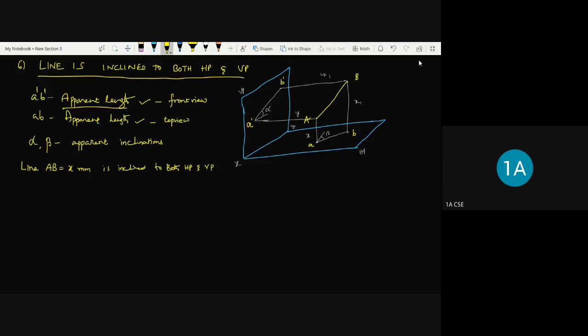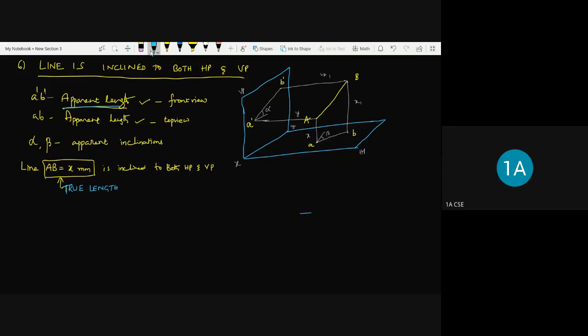If I say AB is equal to x, that represents the true length of the line. I have not given any apparent length, so we need to obtain it. Directly, this projection cannot be drawn.